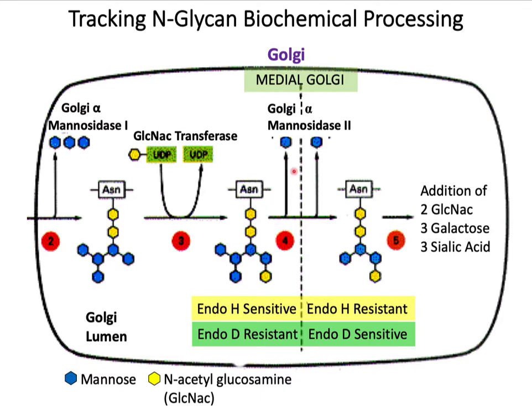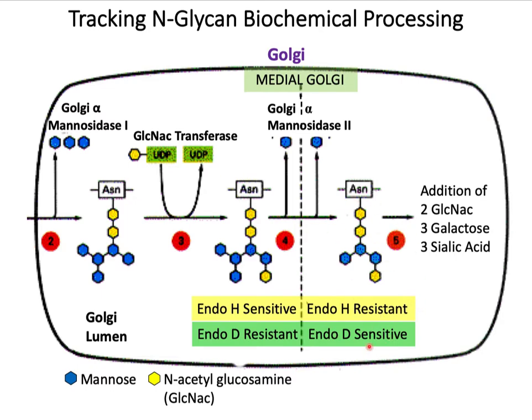When secretory proteins pass through the medial Golgi and are processed by the enzymes there, their sensitivity to these endoglycosidases changes. In the case of endoglycosidase H, or endo-H, these prematurely processed secretory proteins are endo-H sensitive until they cross this point in the medial Golgi, and then they become resistant to the action of endoglycosidase H.